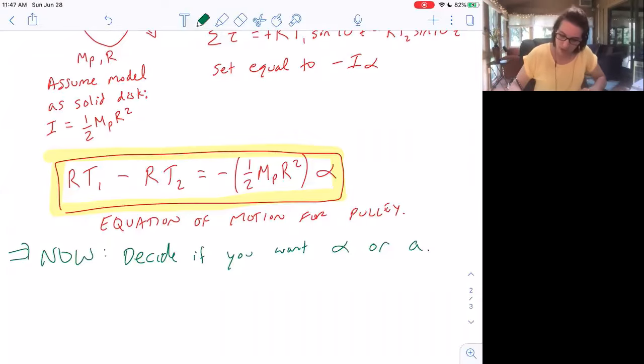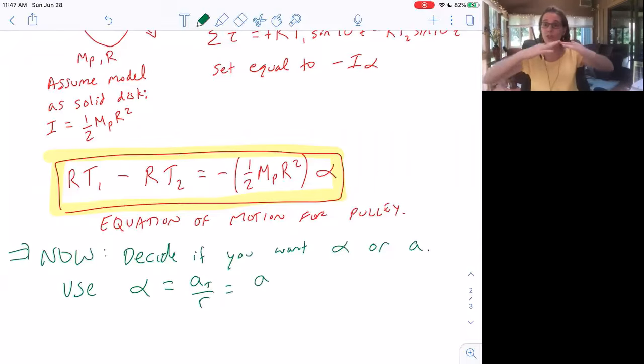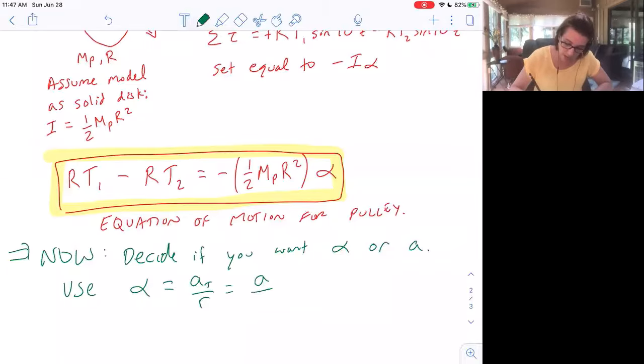Either way, what you're going to do is use alpha equals A sub t over r. The tangential acceleration of the pulley is the linear acceleration of the system in most cases. Once you know what that r is, it's going to be equal to A, and in this case, because it's on the outside of the pulley, over r.